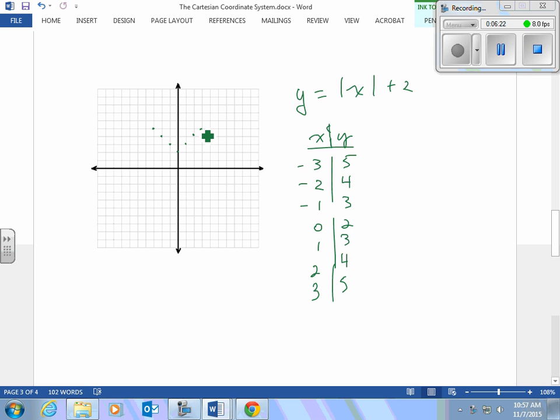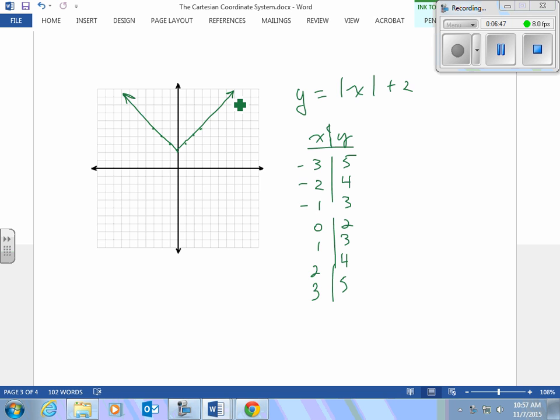This one consists of straight lines, and it would be really good to do with a straight edge. It's harder to do that on the smartboard. You can see that we've got two straight lines, sort of a V-shaped relationship, and it's actually called an absolute value function, which we will get into in the next couple of days.